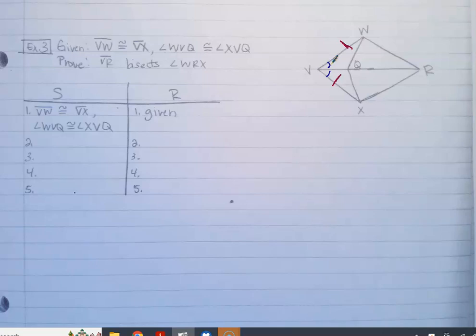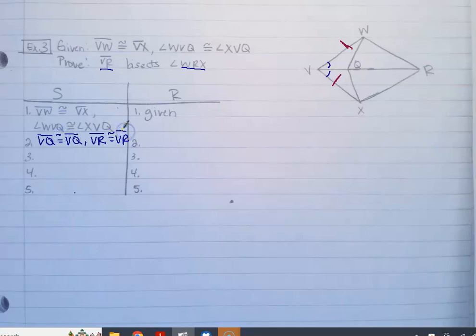Oh my gosh, yes, the VQ line. The VQ line? Okay, so here's a question for you. Because we want to prove VR bisects WRX, do we want to say VQ? I mean, we can do both. We could say VQ is congruent to VQ, but we could also say VR is congruent to VR.